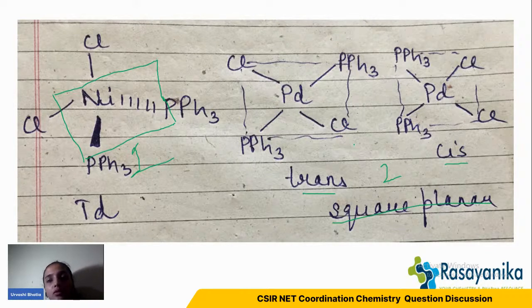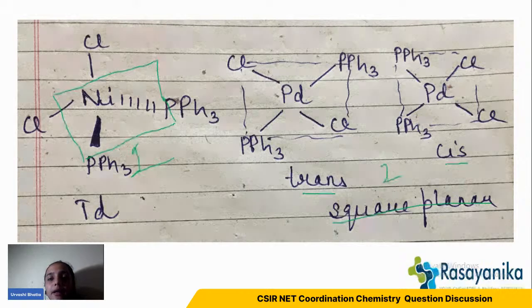Similarly, for the square planar complex, definitely there will be a molecular plane present. All the Pd, Cl, and other atoms are in the same plane, and therefore all the atoms can reflect if we place a plane in the molecular plane. So it is optically inactive again, and the optical isomers is 0.